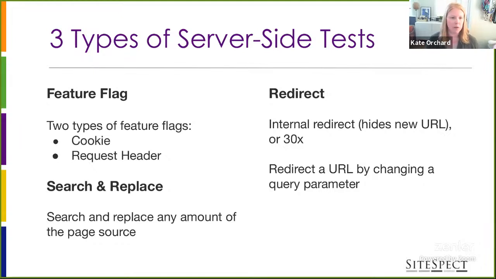So typically we'll use a cookie or a header value to signal to the origins that the origin just has if this, then that logic built in, and then it will return the correct experience.